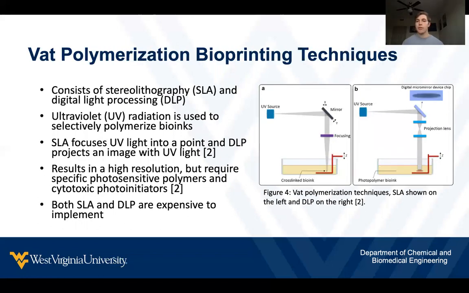So one of the other techniques used in 3D bioprinting is vat polymerization. Both of these rely on the idea that you have a vat of bioink, and it can be selectively polymerized using ultraviolet radiation. Two of the vat polymerization bioprinting techniques are stereolithography, which is known as SLA, and digital light processing, which is DLP.